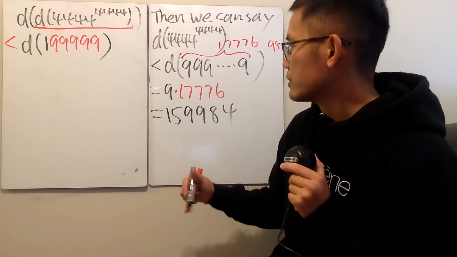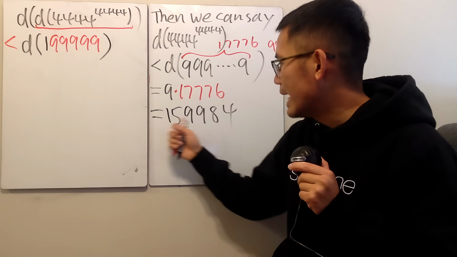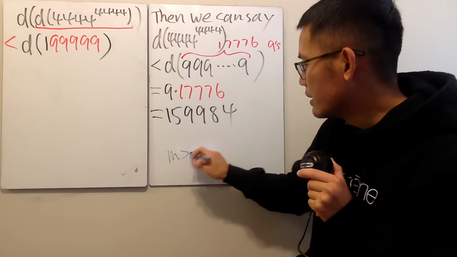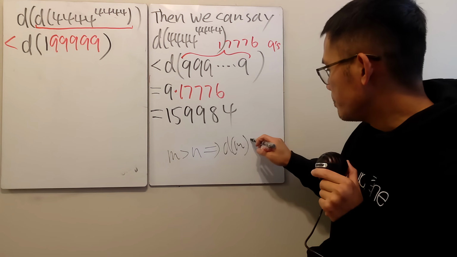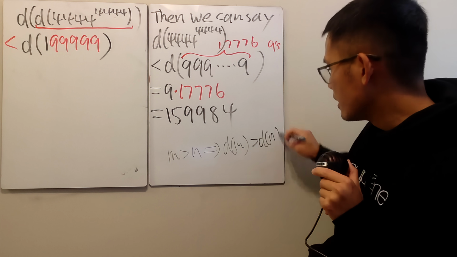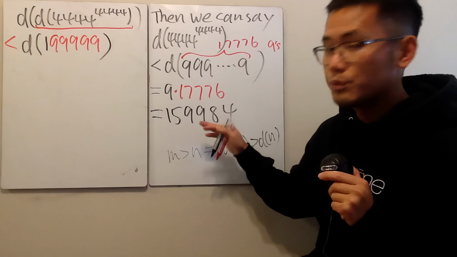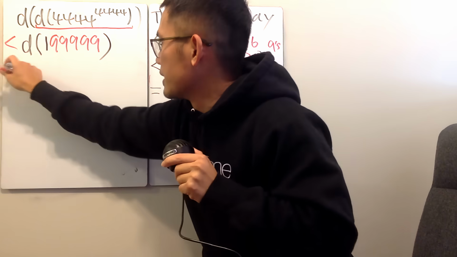However, one thing to be careful though, you should not be just adding this up because, as I said earlier, if m is bigger than n, this does not imply the digit sum of m is bigger than the digit sum of n. This is true if you replace everything by 9, that's okay. All right, so this right here should be enough explanation on that.